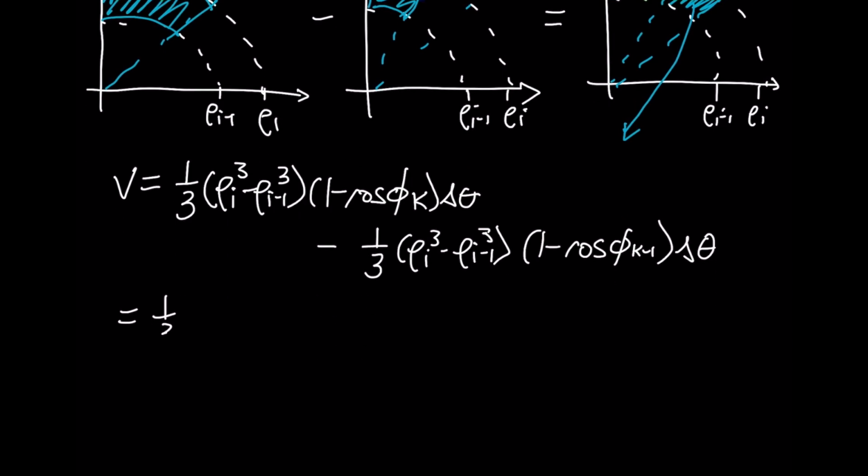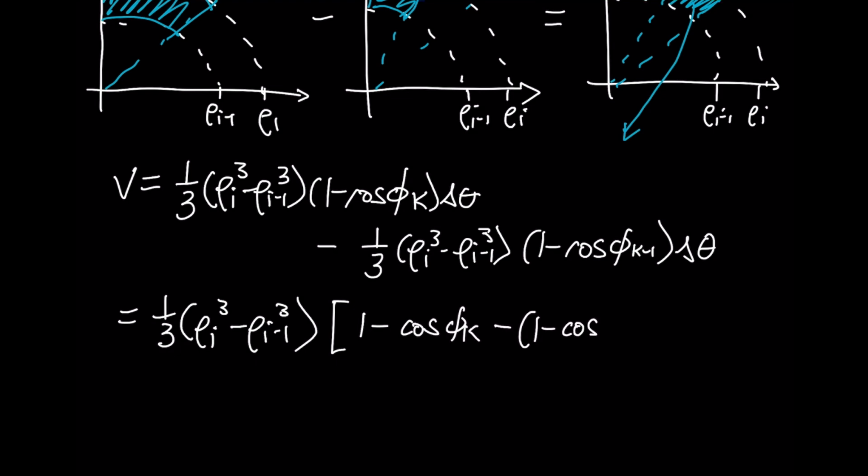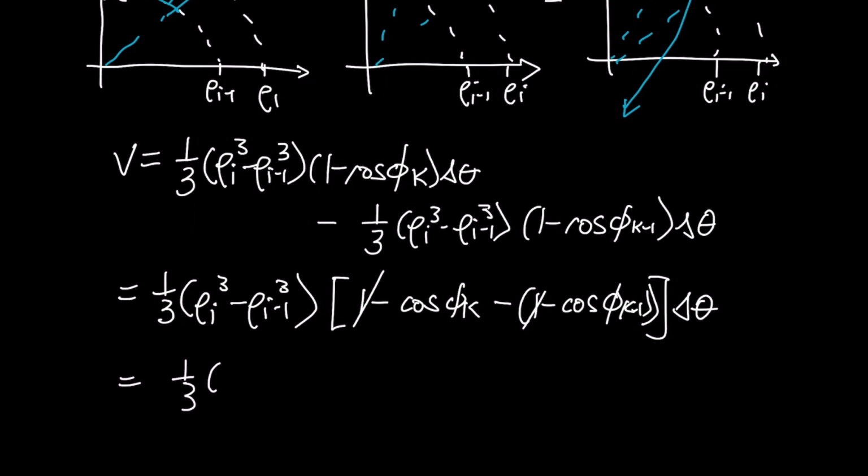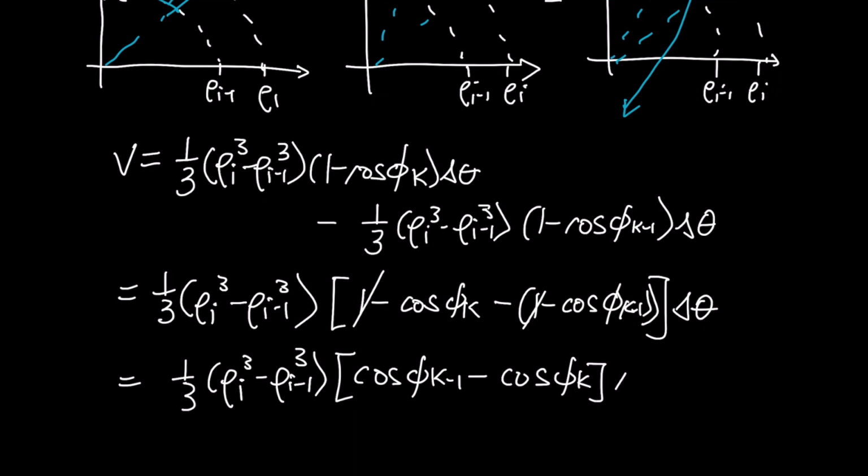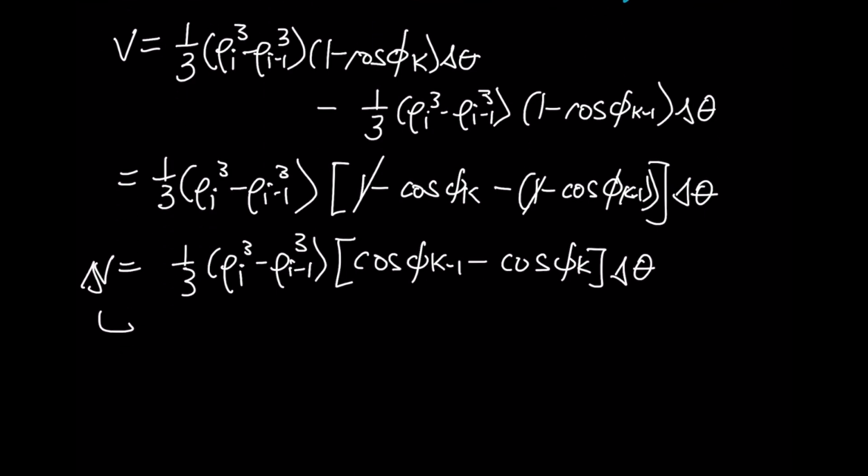We'll have 1/3 times rho i cubed minus rho i minus 1 cubed, times 1 minus cosine phi k, subtract 1 minus cosine of phi k minus 1, delta theta. These ones will subtract out. And now what we'll get is the following expression: cosine of phi k minus 1, subtract cosine of phi k, delta theta. This turns out to be the volume of this small spherical box, B i j k.